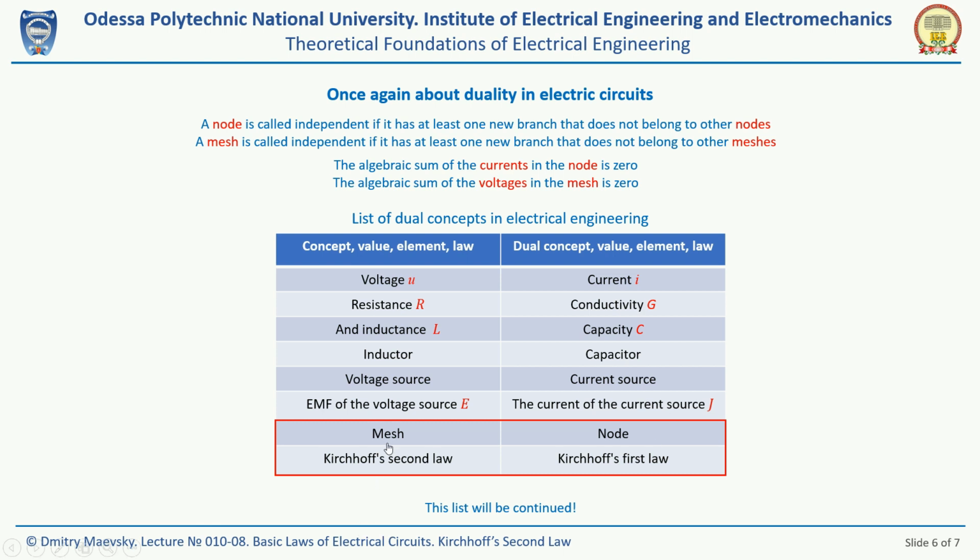The first conception is mesh and node. This is a formulation of Kirchhoff's first law, and today we are learning the formulation of Kirchhoff's second law. The algebraic sum of currents in the node is 0, and the algebraic sum of the voltages in the mesh is 0.